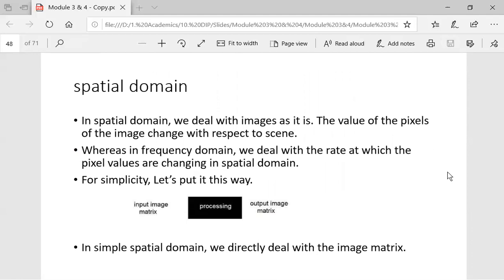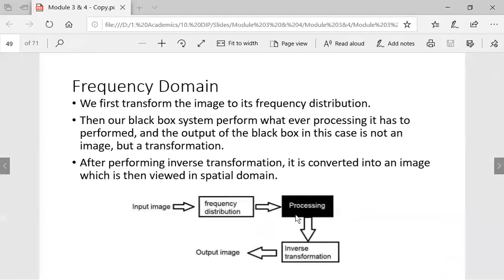In the spatial domain, the input matrix is processed and we get the output matrix. In the frequency domain, the input image is given, the frequency distribution is done, processing is done on this frequency distribution, and then inverse transformation is done to get the output image.